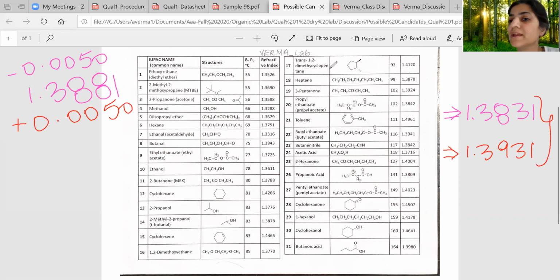So this is the range that we have to focus on.